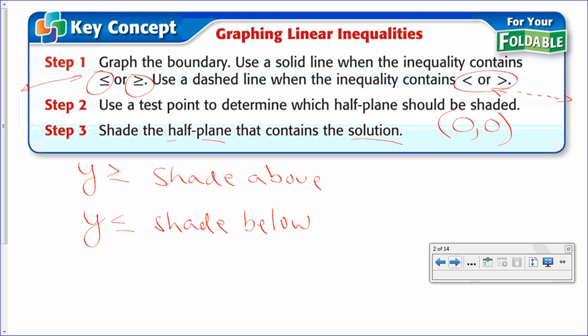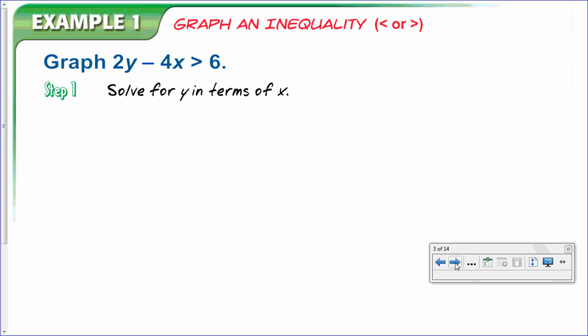That way it gets me away from having to plug 0 in for x, 0 in for y, and solving. If it's true, then I shade above, all that. Just a simpler way to do it. Same thing true with that symbol. Is the same thing true with that one? Yes.